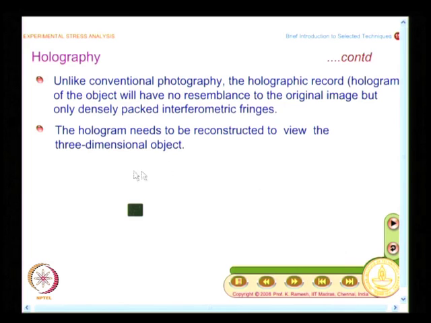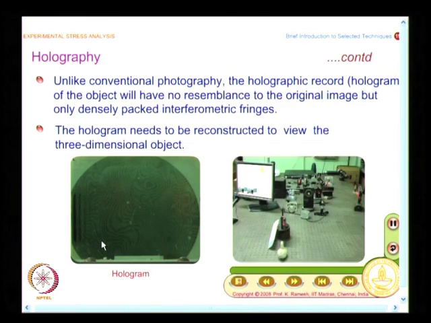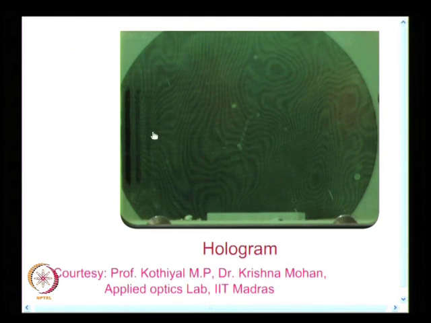So what you see here is that the hologram needs to be reconstructed to view the 3-dimensional object. For the set of Ganesha and swan that was kept, if you look at the hologram, it is like this. We will see that enlarged, and this is what I see. Do you make out anything here? You see only some funny fringes.